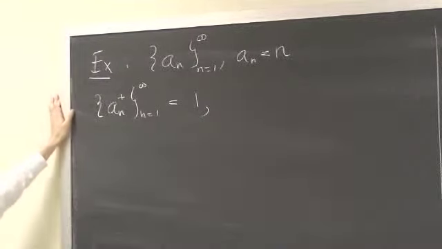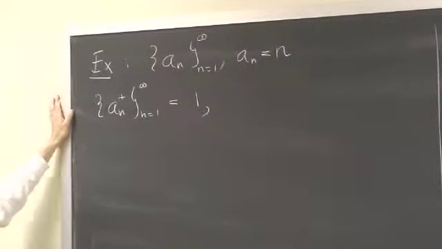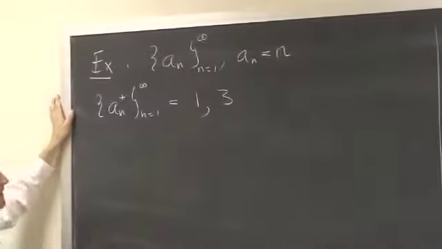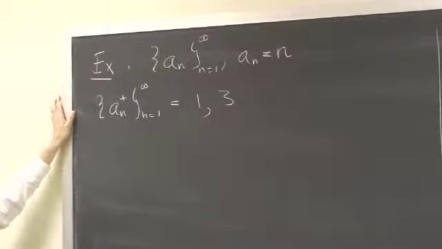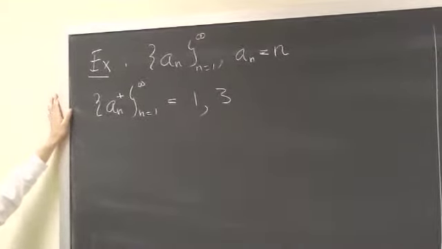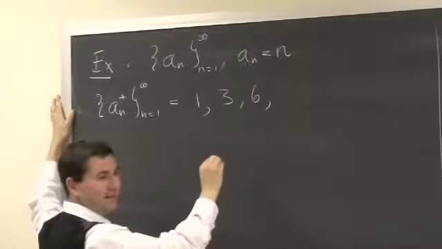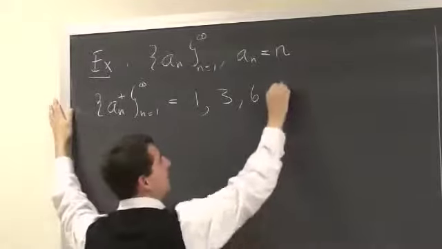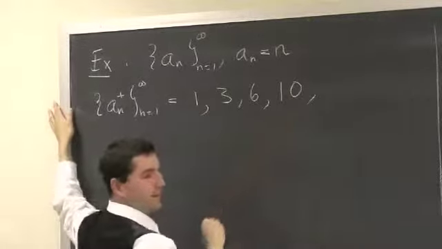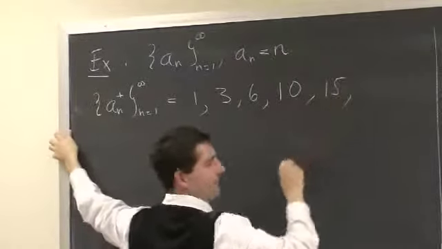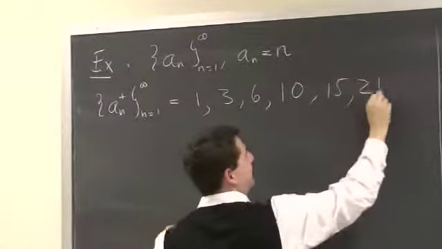What's A2 plus? 1 plus 2, which is 3. What's A3 plus? 6. Okay, we're getting somewhere. What's the next term? 10. One more. 15. Making you work on your addition.